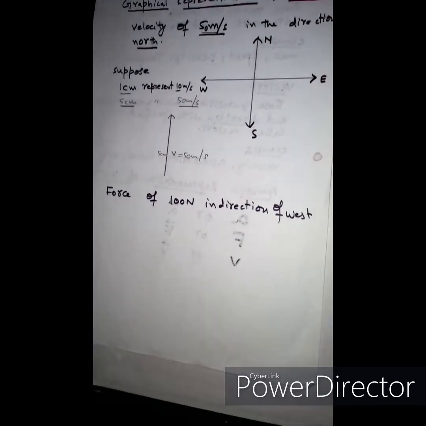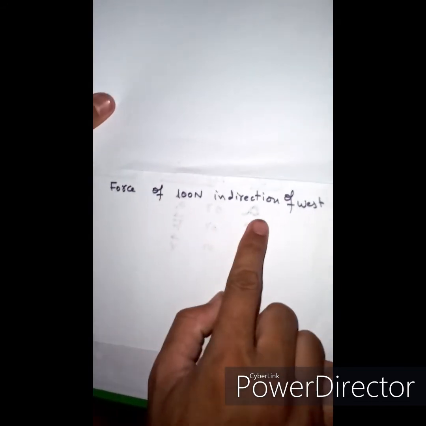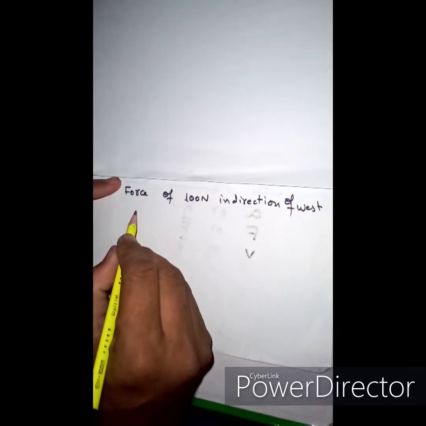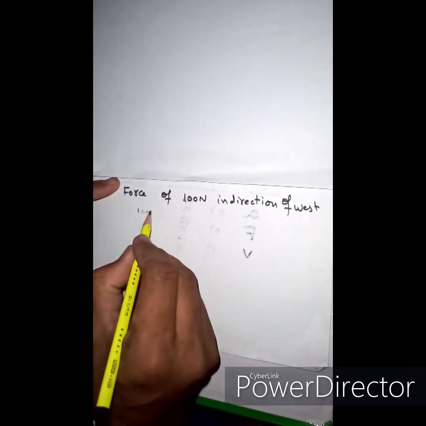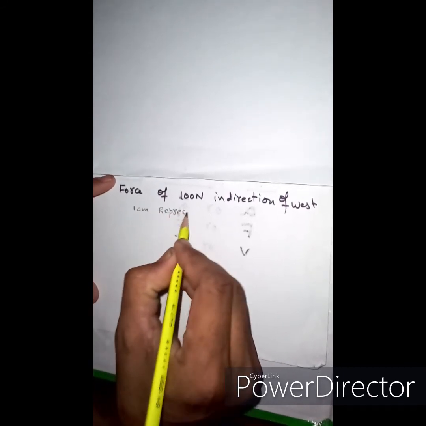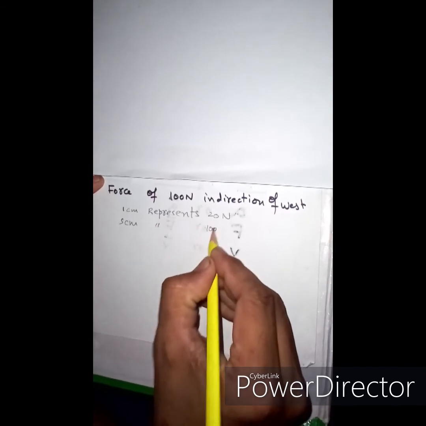In the same way, if you want to represent a force vector of 100 Newton in the direction of west, we choose a suitable scale. Likewise, 1 centimeter represents 20 Newton. So 5 such centimeters represent 100 Newton.